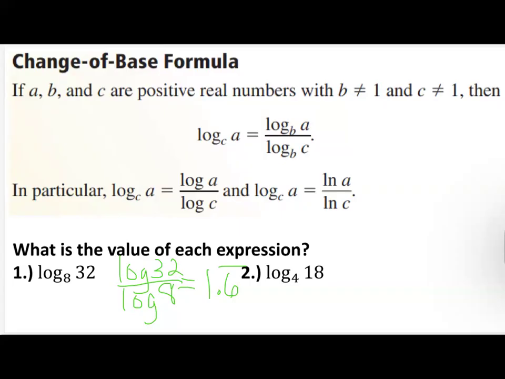But okay, then you can put that in as natural log or log. So if we put this in, it doesn't matter what that says. Log base 4, it's going to say LOG. But if you put in the two that you have on your calculator, natural log and log. So you could put in natural log of 18 over natural log of 4, and don't forget to do your parentheses.